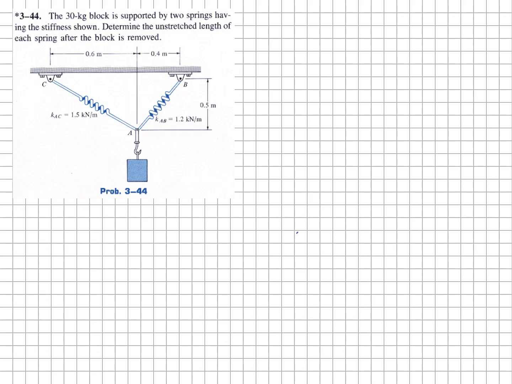All right, so to actually find those unstretched lengths, I have to know that the force on a spring is equal to the spring constant times the stretch. So let's first find the stretch of each of these springs.